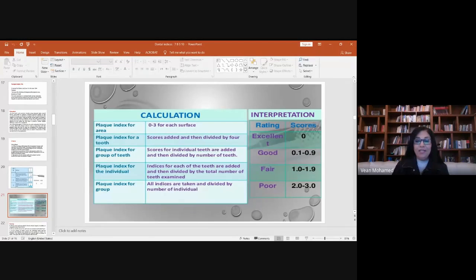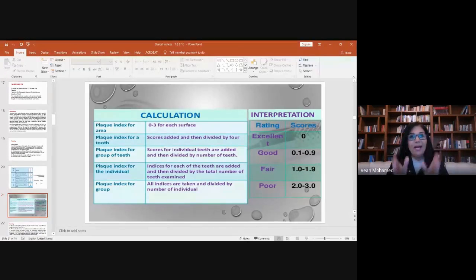Okay, plaque index for an individual means the indexes for each tooth are added and divided by the total number of examined teeth. If we want a plaque index for a group of people, then all indices are totaled and divided by the number of individuals. It's very easy.